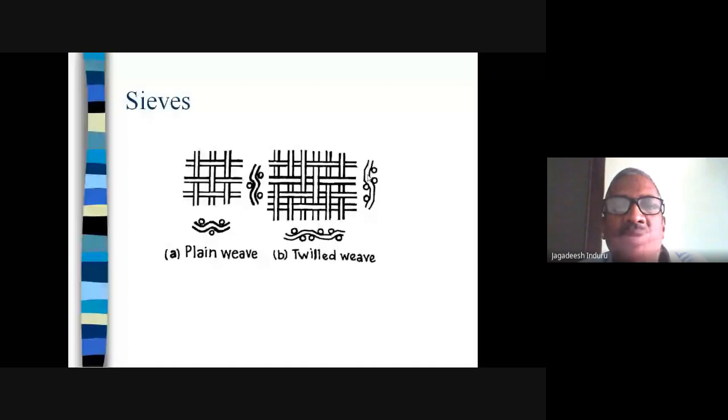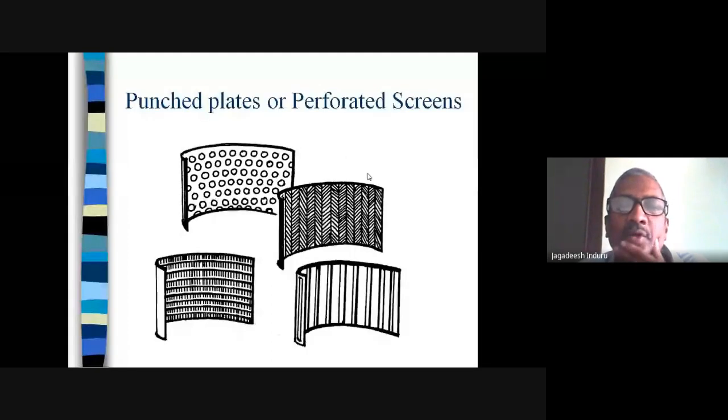And in the screen, you have got drilling of holes in a metallic plate in different sizes and shapes. Depending upon that, you have got slotted screens, fishbone screens, barred screens, fishbone design screens, slotted screens, and a regular one which has a circular opening.